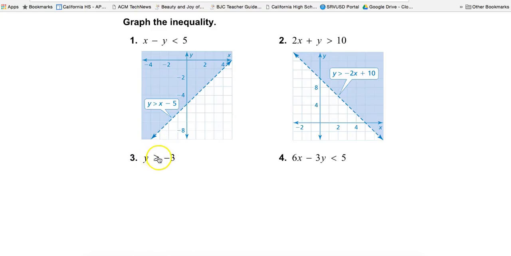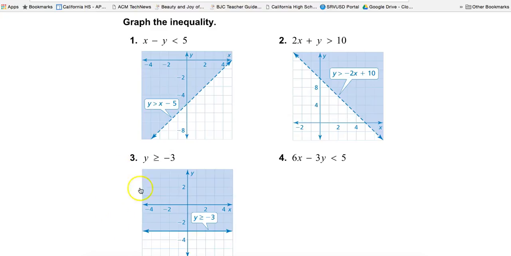This is y greater than or equal to negative 3. So this means that our y-intercept is negative 3, and because there's no x term, we're just going to have a horizontal line at y equals negative 3. Because this is an "or equal to," we're going to have a solid line, where y equals negative 3 is part of our solution set.